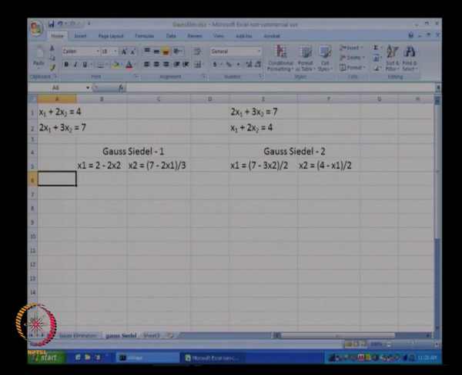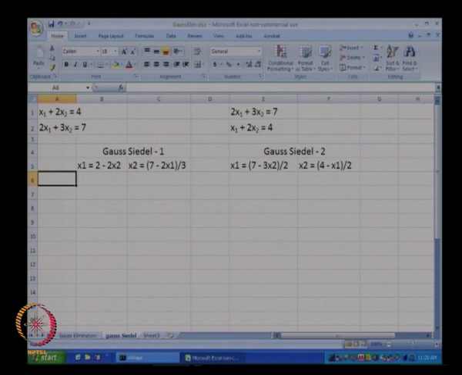Now let us take Microsoft Excel and use it to solve the 2 equations and 2 unknowns problem using the Gauss-Seidel method. What I will do first is use the Gauss-Seidel method in the form in which we have the original equations, that means equation number 1 I will use to obtain the value of x1, and equation number 2 I will use to obtain the value of x2.